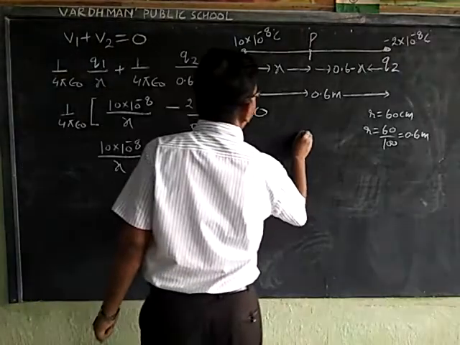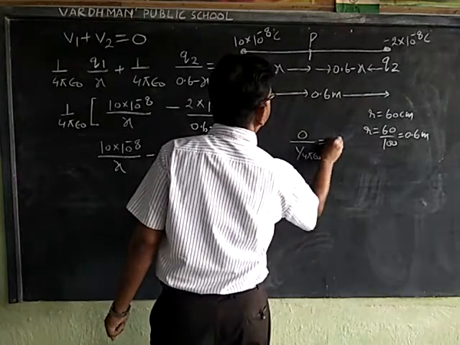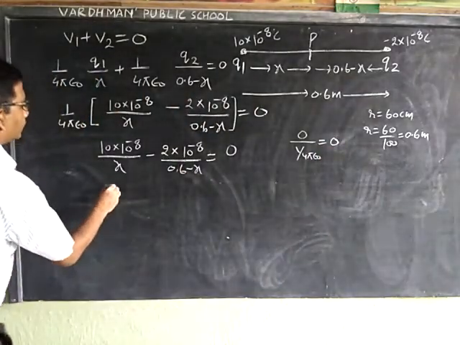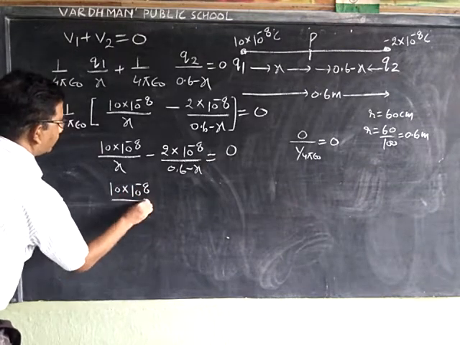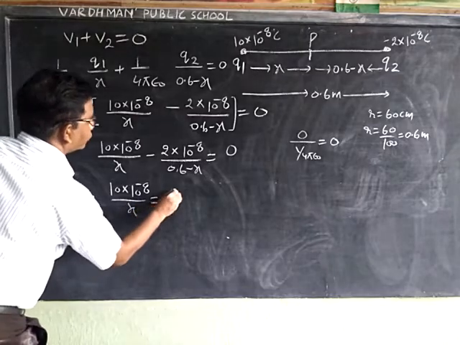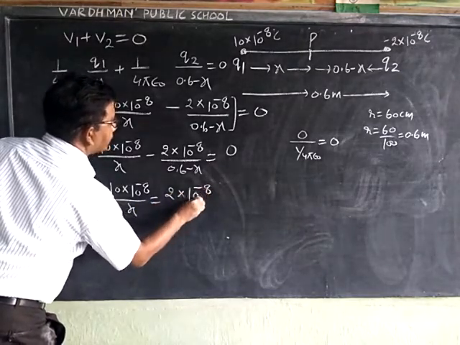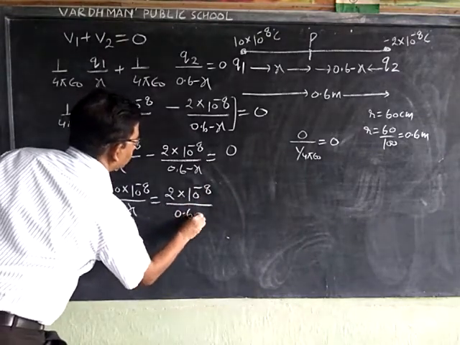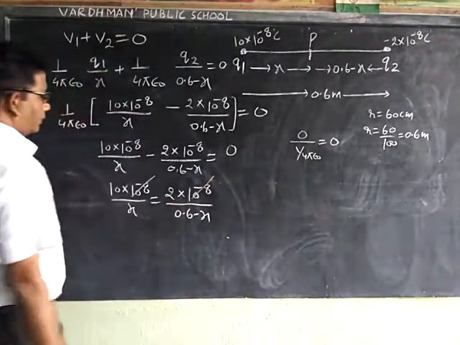Now we transfer it to the right hand side: 10 into 10 power minus 8 upon x is equal to 2 into 10 power minus 8 upon 0.6 minus x. Cancel 10 power minus 8 from both sides.